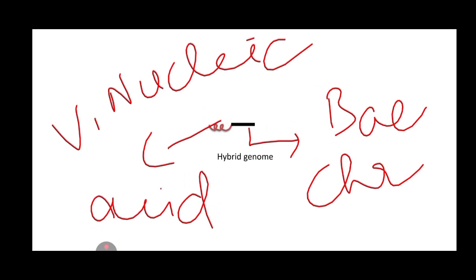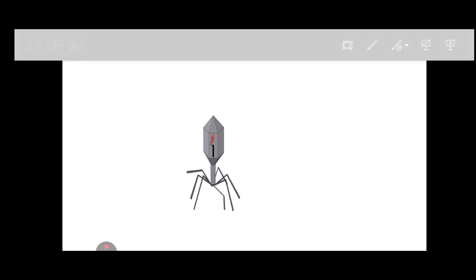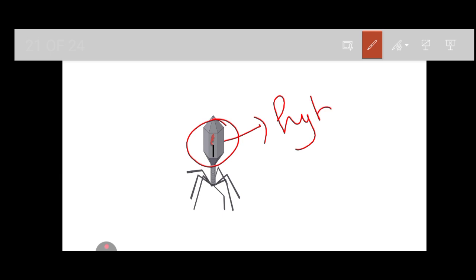So upon excision, it switches on to the lytic process, and upon the synthesis of virus particles, this hybrid genome may get integrated into the virions, into the mature virus particles.